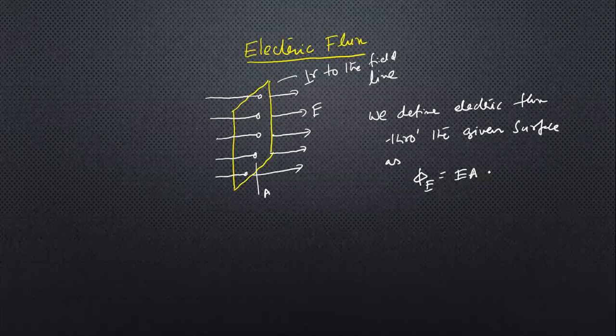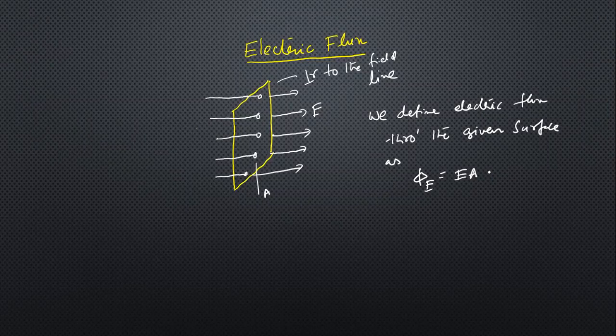The field lines, you still need to think, but the connection I'll talk about slowly. Field lines are there, because we need to think that field is spreading into the space. So here, this E is everywhere perpendicular. Then flux is EA.